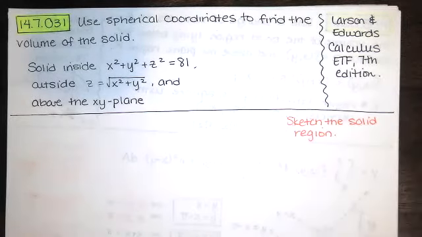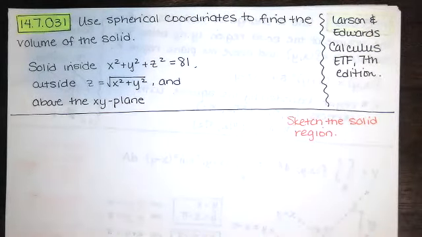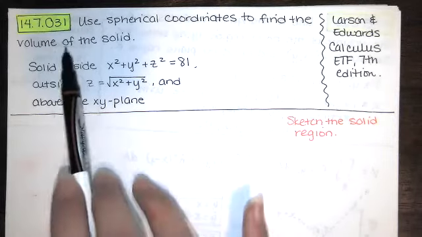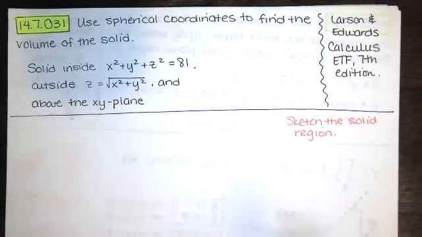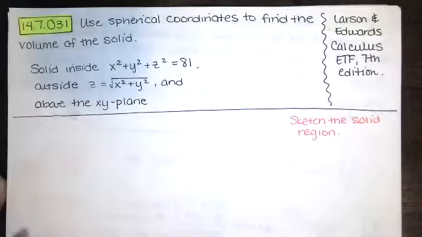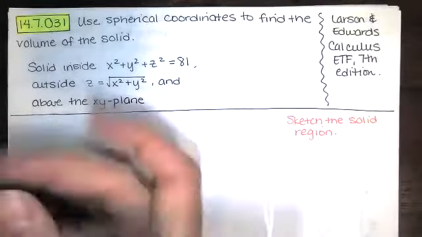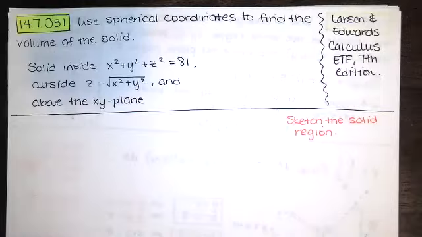And then we'll use our sketch to come up with appropriate bounds for a triple integral in spherical coordinates representing this volume. Okay, so let's start with that x squared plus y squared plus z squared equals 81.